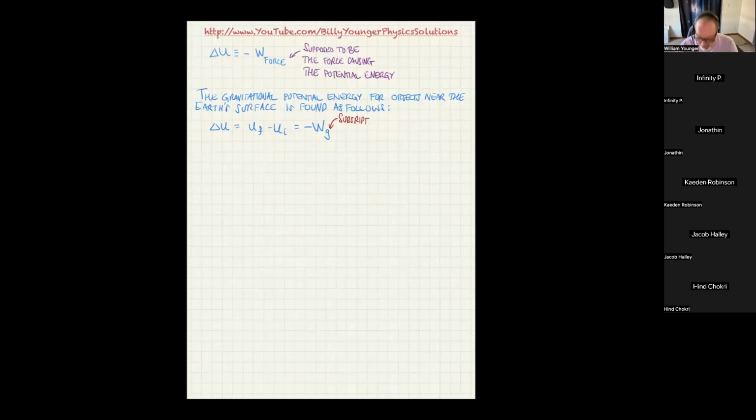What I mean by that is basically the distance between the object you're studying and sea level on the surface of the Earth. That distance between your height and sea level is very small compared to the radius of the Earth. If that's the case, then we can just use the simple formula where a weight is equal to m times g.